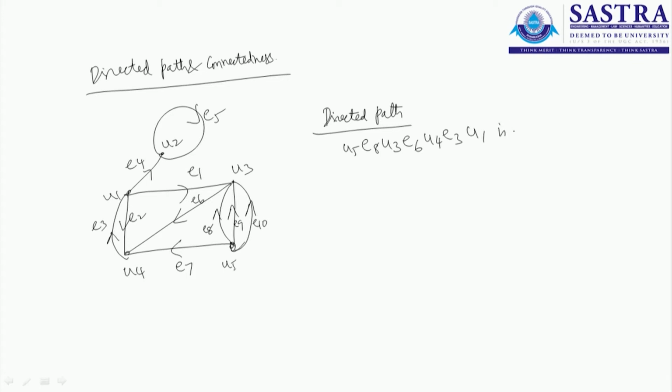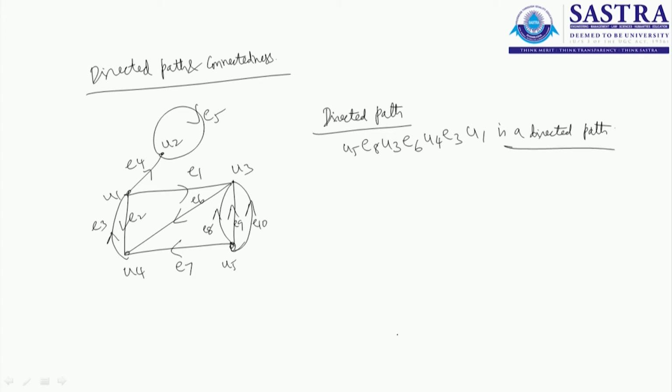This is a directed path in the sense that from U5 I can go to U3 via E8. Direction is specified. From U3 I move to U4 through E6. Direction also coincides. From U4 I go to U1 through E3. So this is called a directed path.